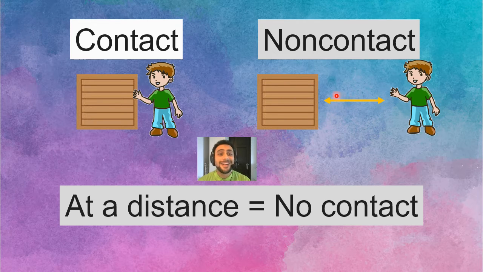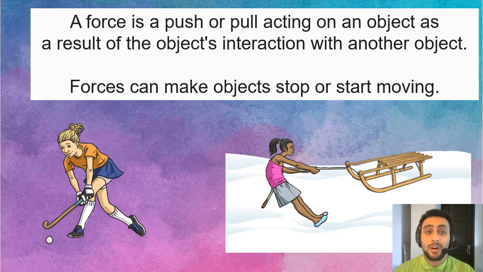No. Or we have contact forces. Now, in this topic, we talk about contact forces that are pull and push. A force is a push or pull acting on an object, like this object or this ball, as a result of the object's interaction with another object.